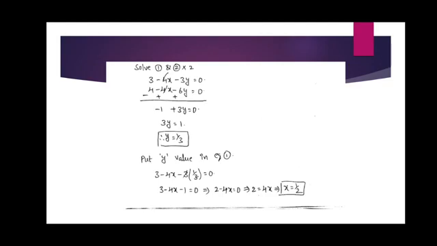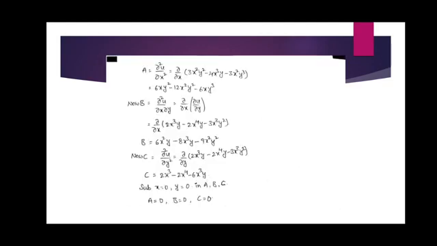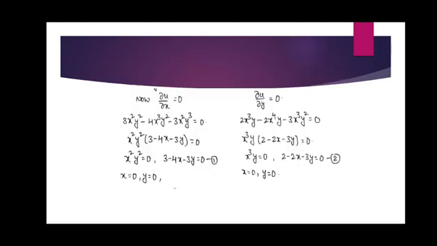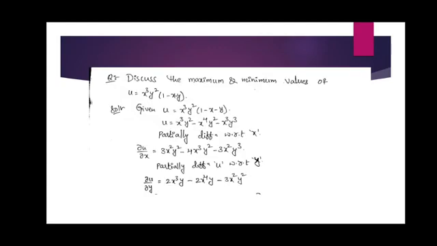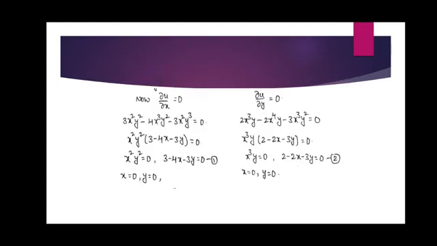That means a is del square u by del x square. For that we do the partial differentiation of del u by del x with respect to x. Here, first we have del u by del x is equal to 3x square y square minus 4x cube y square minus 3x square y cube.